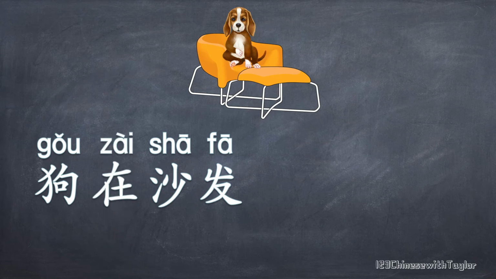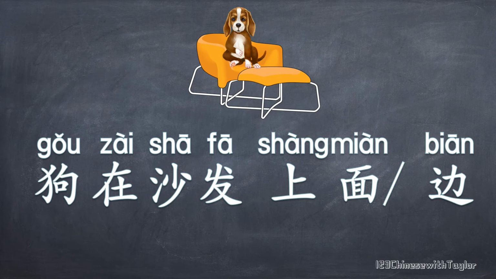And the dog is on the sofa. So on or up, we say 上面 or 上边. So the sentence would be 狗在沙发上面 or 狗在沙发上边. Let's read again. 狗在沙发上面，狗在沙发上边.